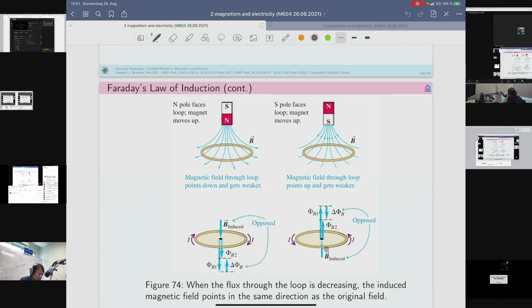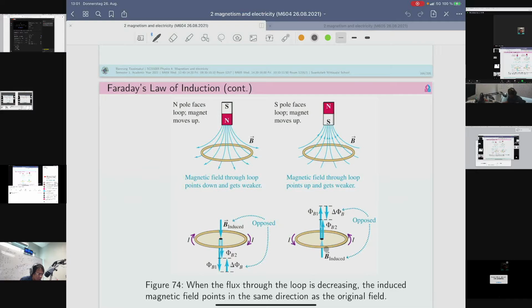Here we have the downward magnetic field, so he has to generate the upward magnetic field, and he lays his thumb in the same direction as the magnetic flux that has to be induced. His four fingers represent the current that will flow in this circular loop. And that's all, those are the four cases that we can observe.